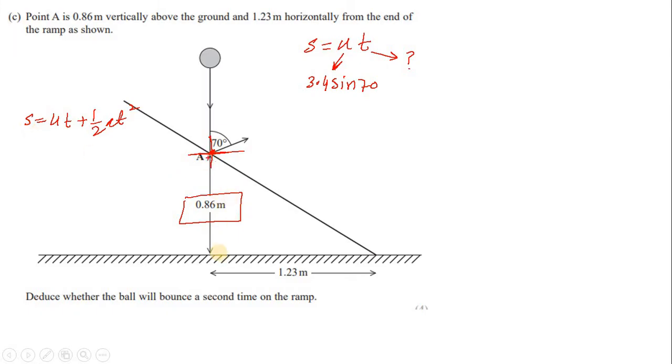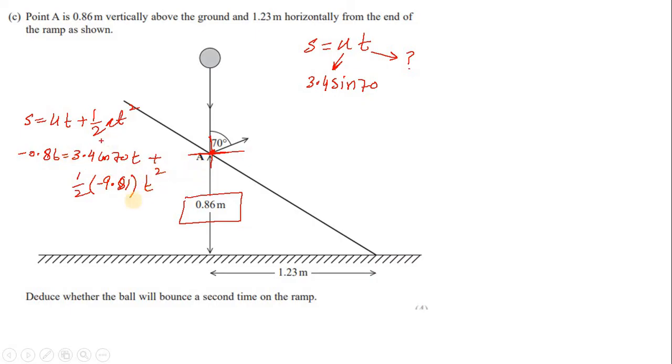So I will take this height as negative: -0.86 = u t + (1/2)at², where u is the vertical velocity at the point of bounce, which is 3.4 cos 70, into t. We need to find t. And a is acceleration, and because we are considering the whole motion of the projectile, a will be -9.81, into t squared.